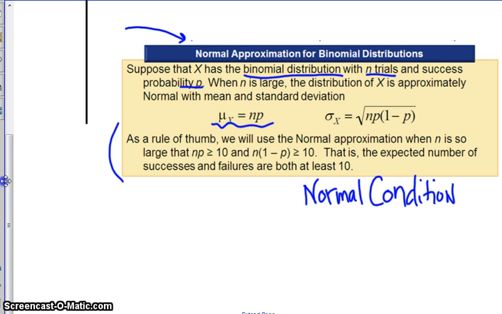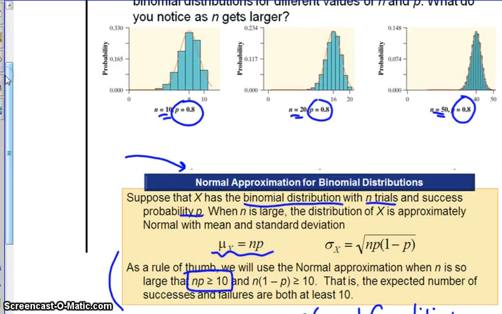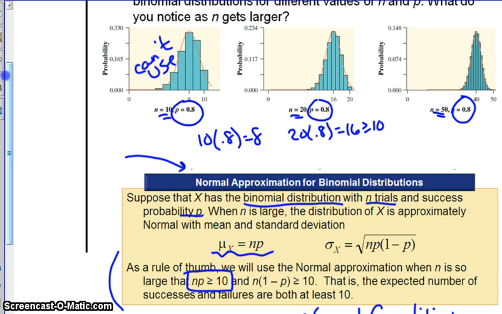Rule of thumb, we'll use the normal approximation when n is so large that n times p is greater than or equal to 10. Okay, so up here, n times p is 8. It's not bigger than 10, so we couldn't use it here. Okay, n times p is 16, which is greater than 10. So we might be okay there.